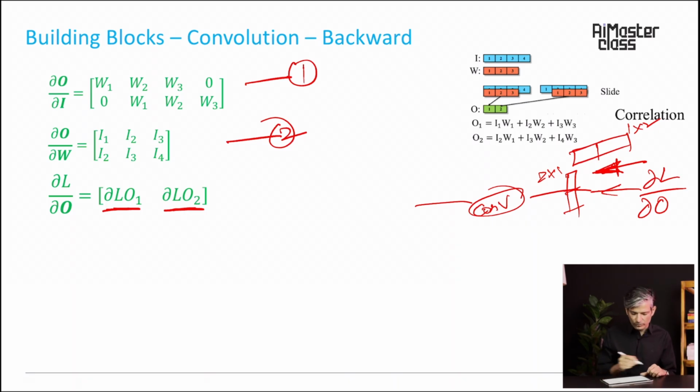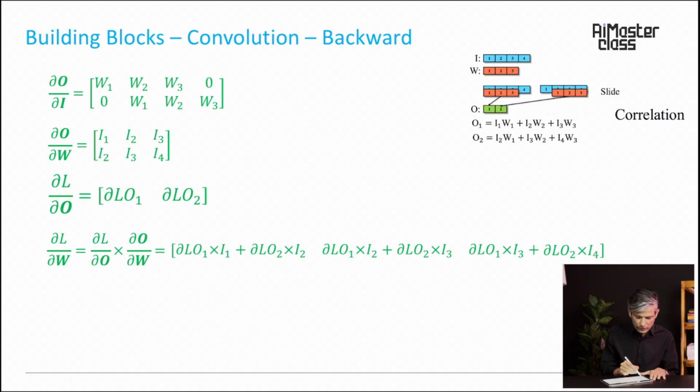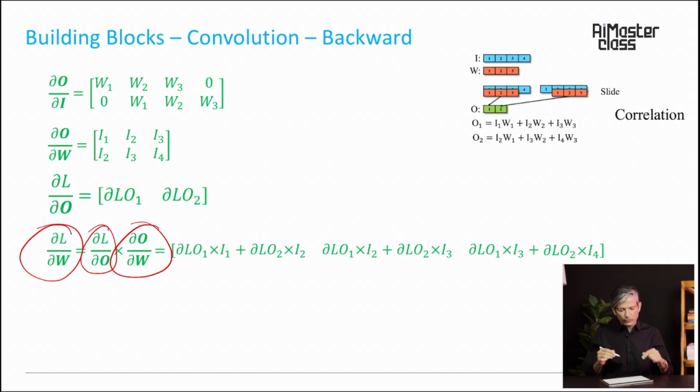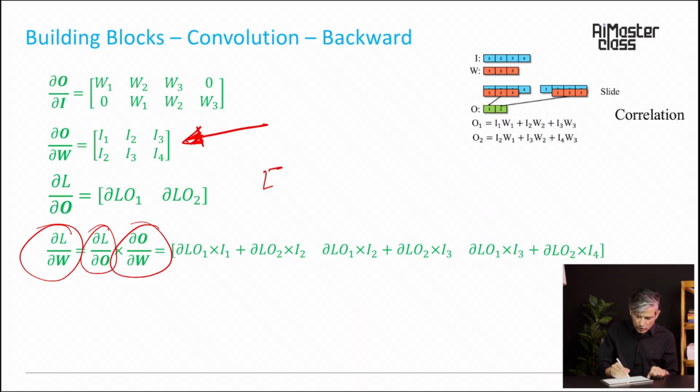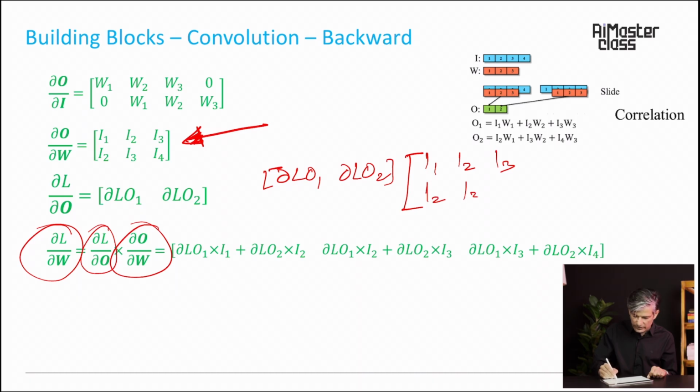So let's assume that we are getting this from the next layer, and now let's write out the formula for derivative of loss with respect to the weights. It's just derivative of loss with respect to output, which is coming in from the next layer, and derivative of output with respect to weights, which we calculated here. Now when we multiply, this is a matrix, this is a vector, we multiply it on the left. So we do dou L/dou O1 and dou L/dou O2, and multiply it with I1, I2 and I3, and then I2, I3 and I4.